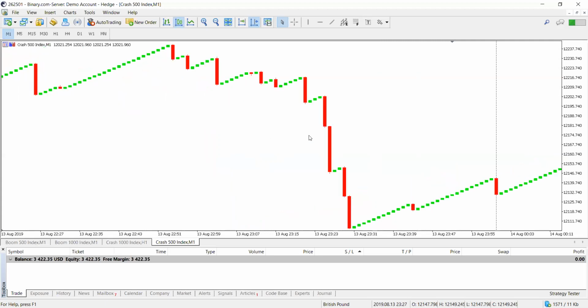This is what I teach my students. If you are in a trade and a crash hits you, there's no need to wait it out. For instance, you entered here and this small crash hits you. This is negligible, you can continue.